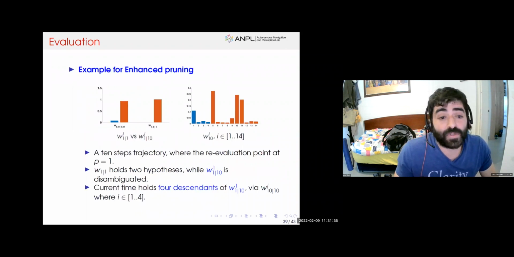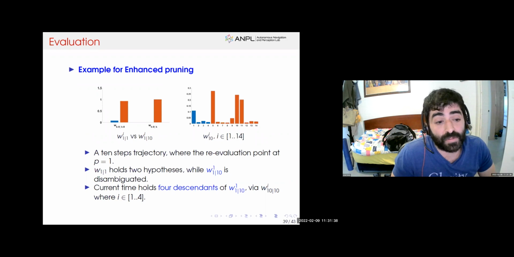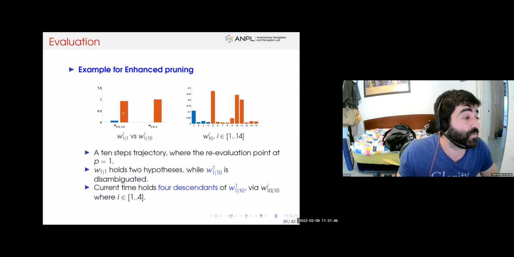Next, we wish to show a simple simulation for enhanced pruning, which is an aspect we talked about in the previous slides. Again, as before, in our reevaluation point, which is one step further from our initial location, we can see this is the original weight distribution. You can see we have two living hypotheses, where both of these hypotheses live in parallel and are not pruned.